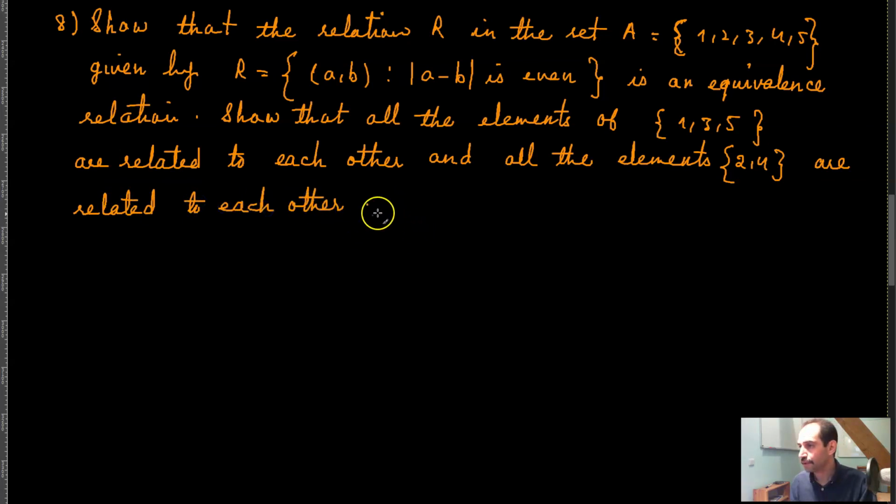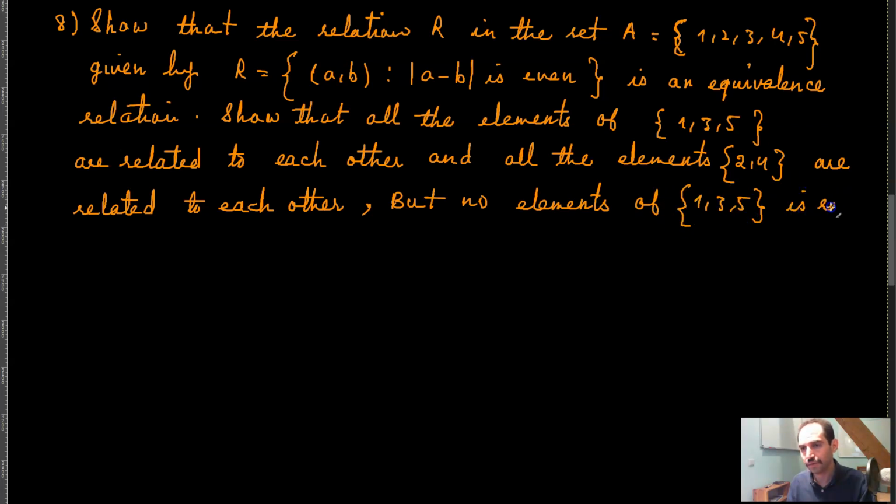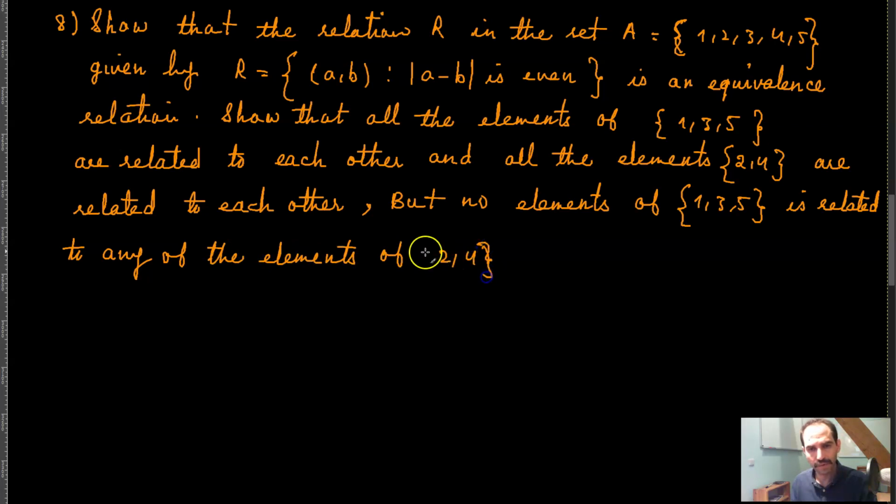But no element of {1, 3, 5} is related to any of the elements of {2, 4}. So that is the question here.